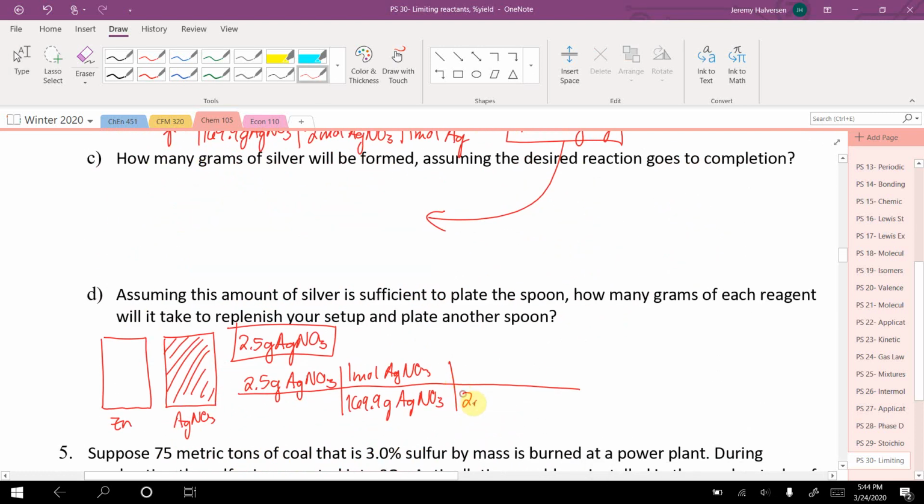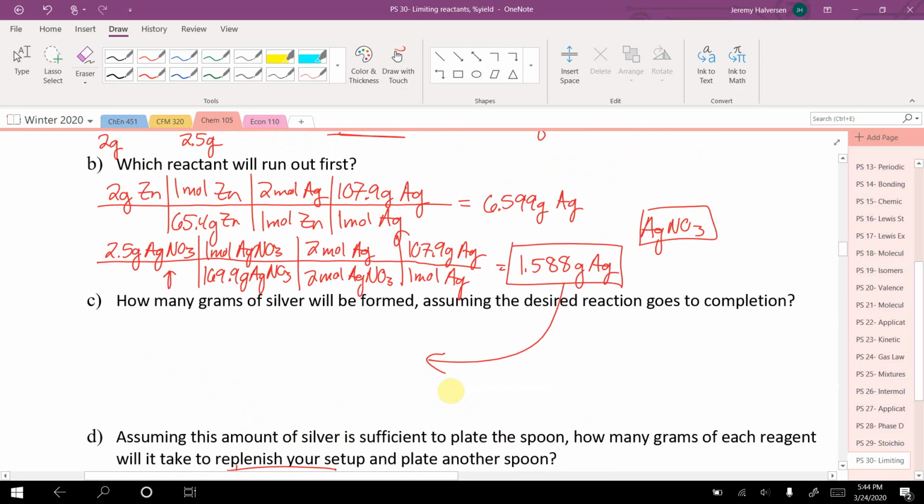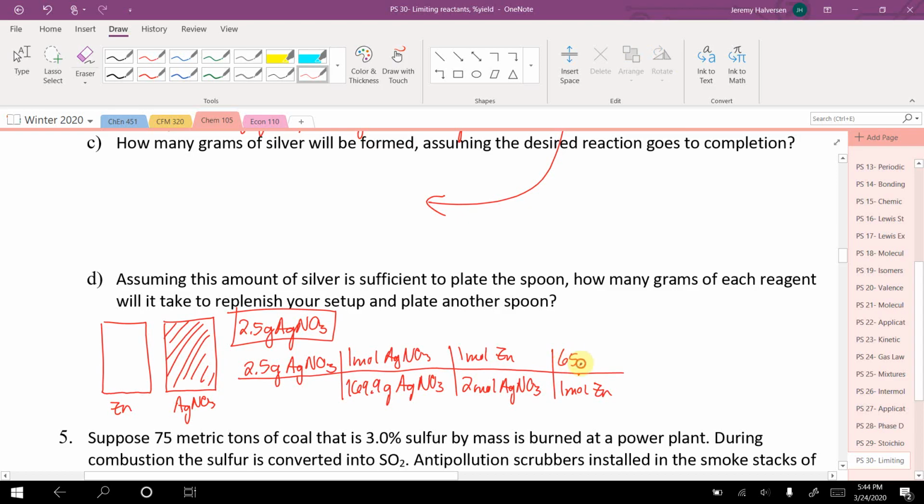Two moles of AgNO3 make 1 mole of zinc, and 1 mole of zinc weighs 65.4 grams. All right, that tells me 0.481 grams of zinc.